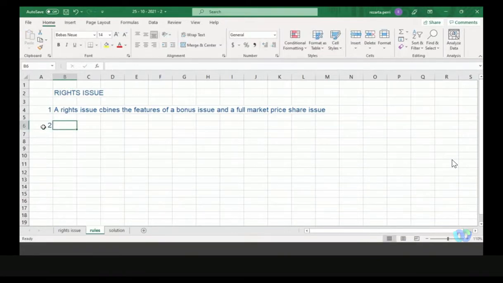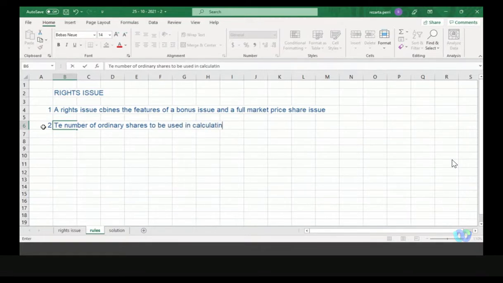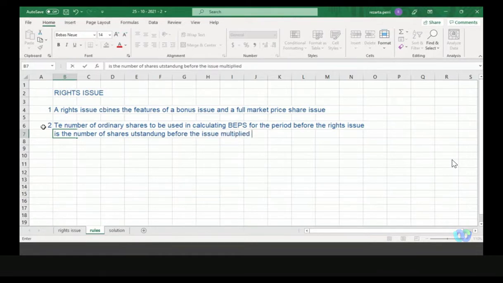The second thing that I need to take into account is that the number of ordinary shares to be used in calculating basic earnings per share for the period before the rights issue is the number of shares outstanding before the issue multiplied by what, for the rights issue, is known as the multiplying factor.